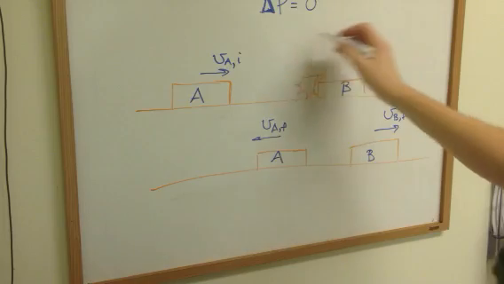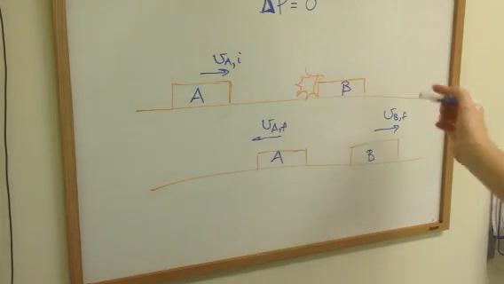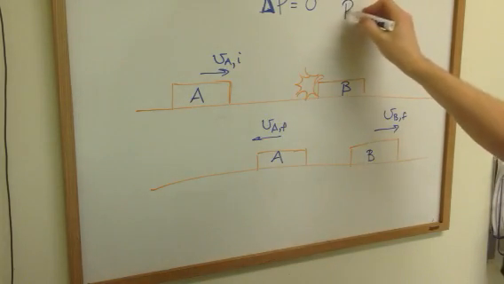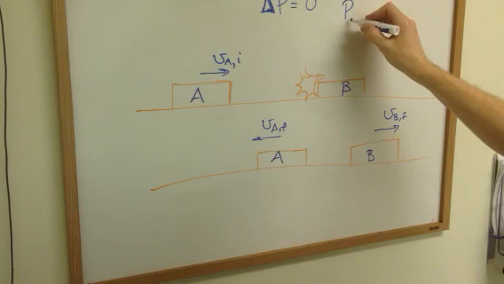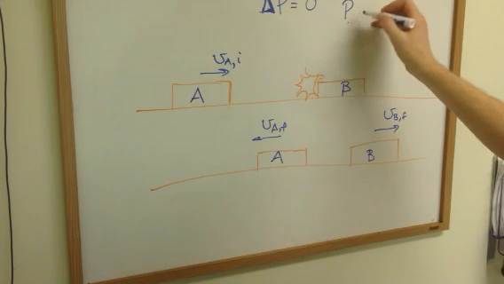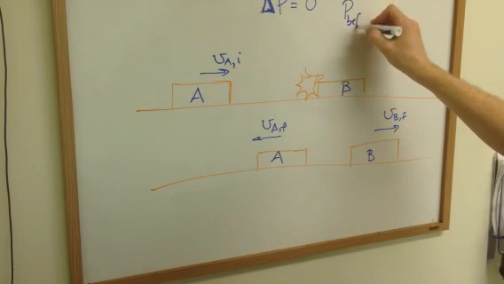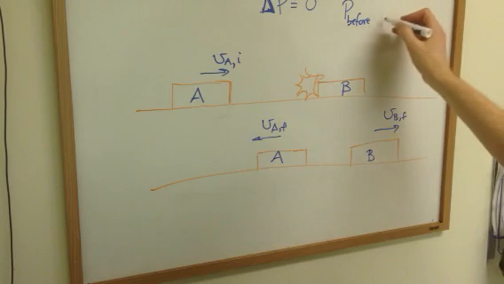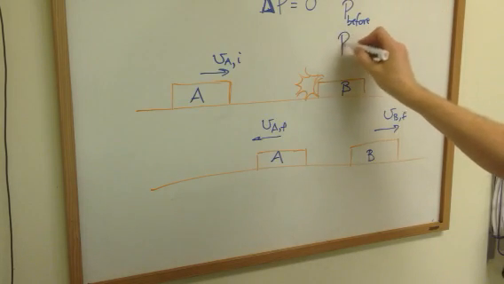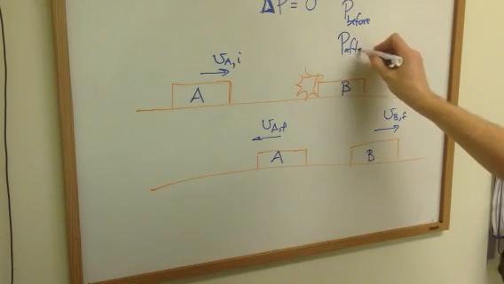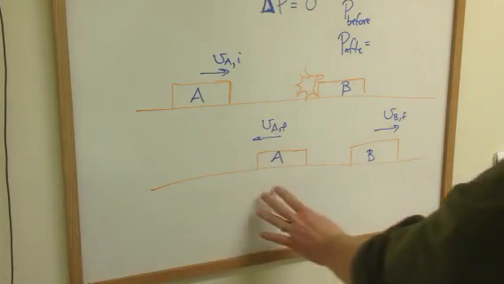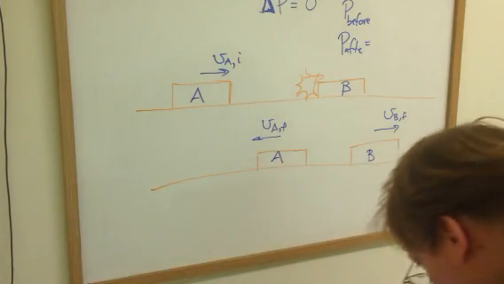Conservation of momentum means that the change in momentum is zero. It means that the momentum before the collision is equal to the momentum after the collision. The momentum after the collision we can calculate because I think we know both of the masses.